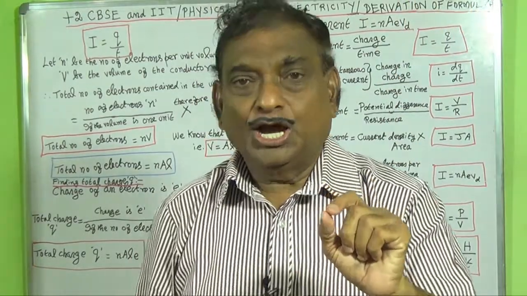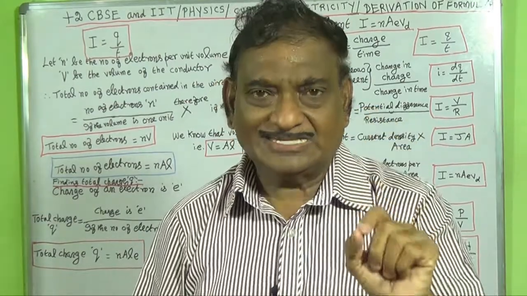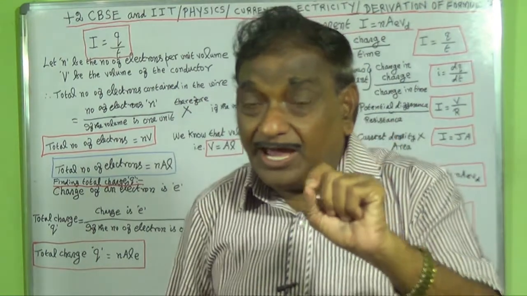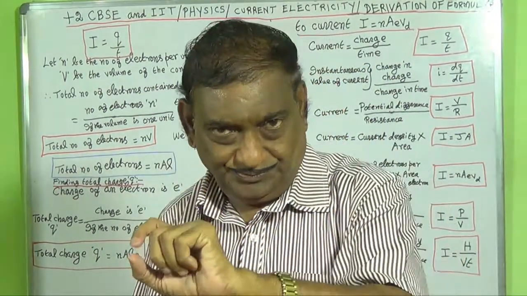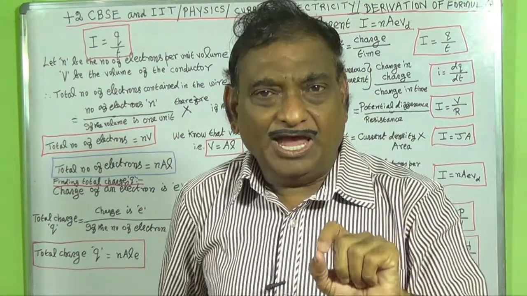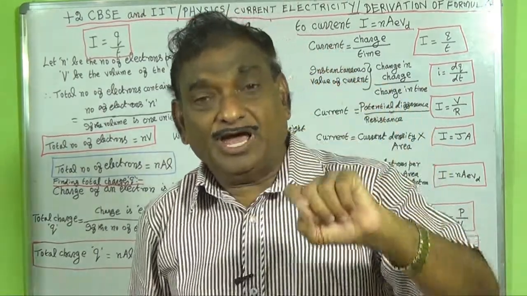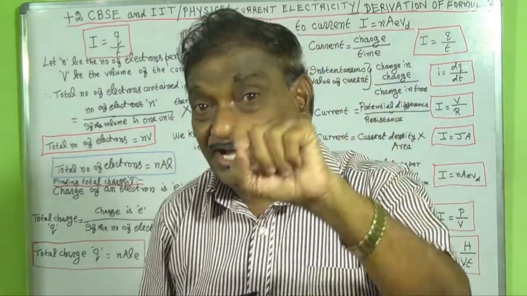Let us see how we are going to get the formula for current as nAeVd. Let n be the number of electrons per unit volume, and let capital V be the volume of the conductor. Then what will be the total number of electrons in the conductor taken?